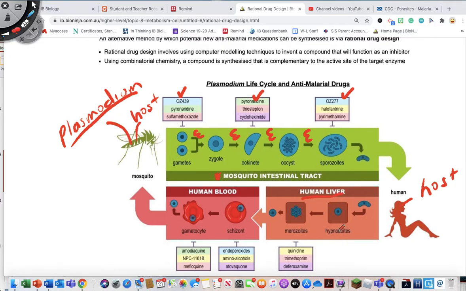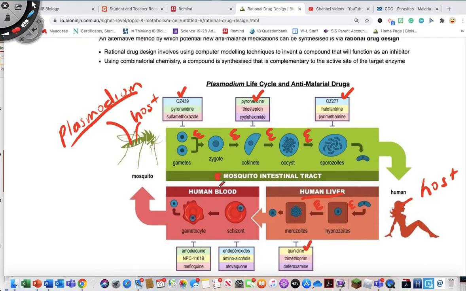And these sporozoites turn into hypnozoites, and this is an enzymatic reaction, and then into merozoites, and this is another enzymatic reaction, right? And notice that quinidine, which is one of the most common anti-malarial drugs, is used to target the life cycle right at this point.